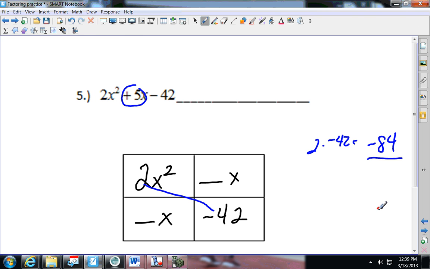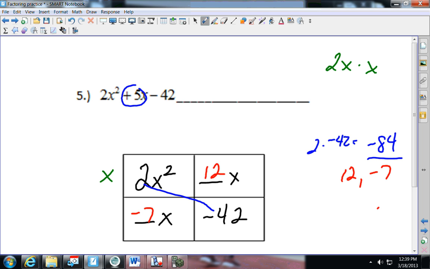So my factors end up being 12 and negative 7. It doesn't matter which box you put it in, but something will matter in just a second. I'll put the 12, and I'll put the negative 7. Now, 2x squared is going to split up as 2x times x. It matters where you put it.